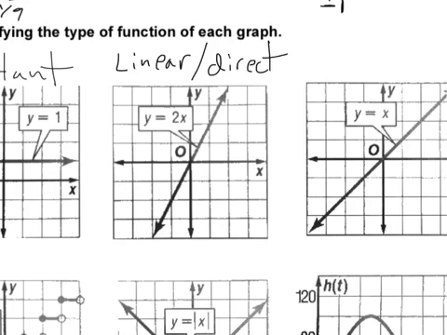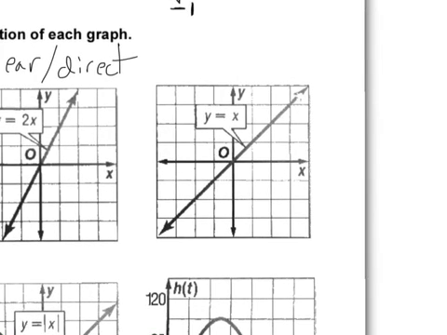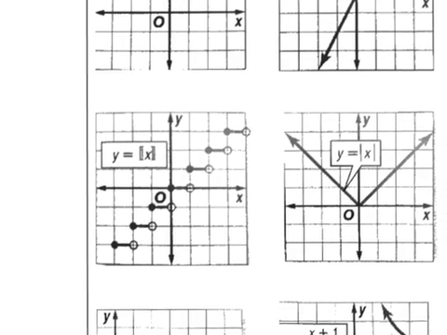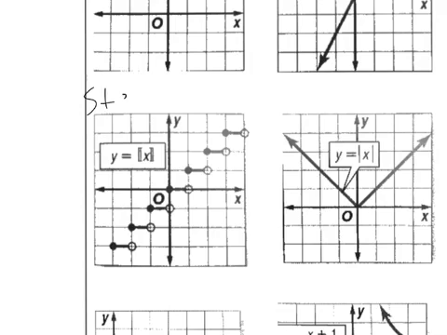You'll learn that later. This is called the identity function because it's just y equals x. They're identical, so it's just y equals x. This one, you remember, is called a step function because they kind of look like steps. Also known as a greatest integer function.